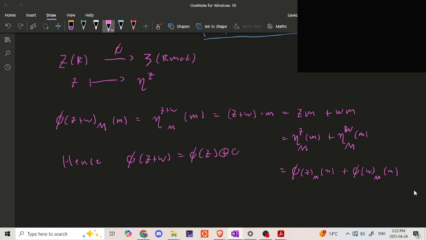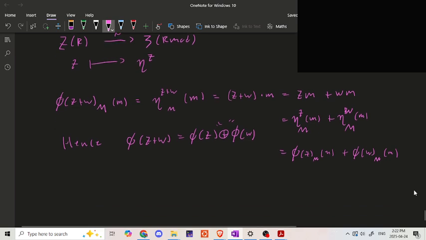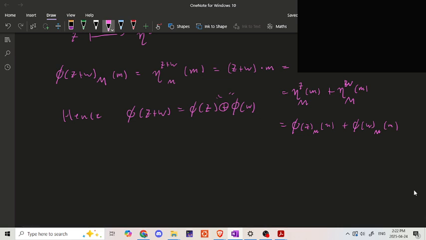Maybe if I wanted to be really careful with which addition operation I'm using here, I'd write it as this plus. But I'm going to be sloppy and fast and loose with that. Okay. Great. So that condition is satisfied.